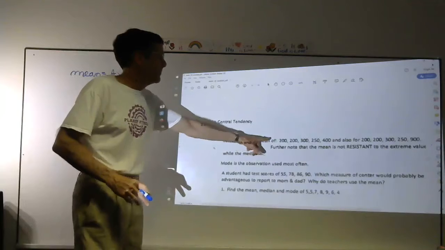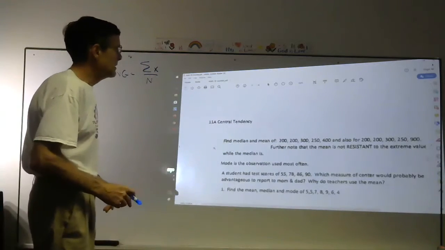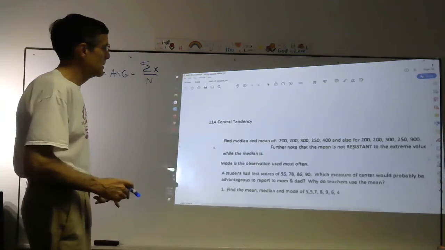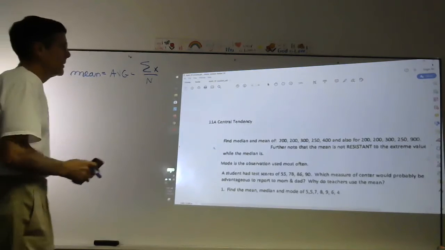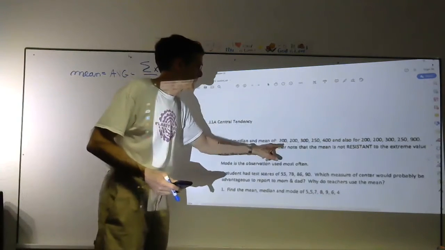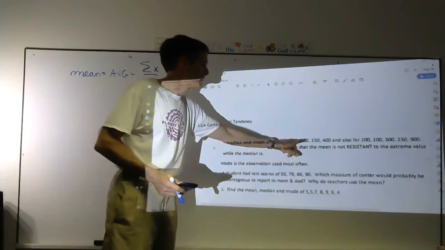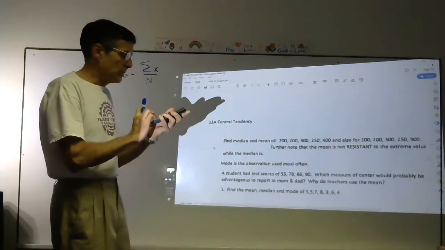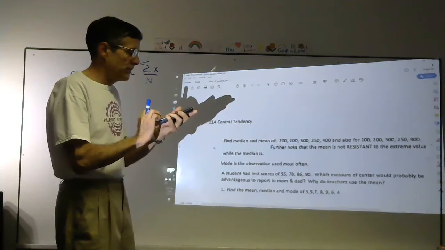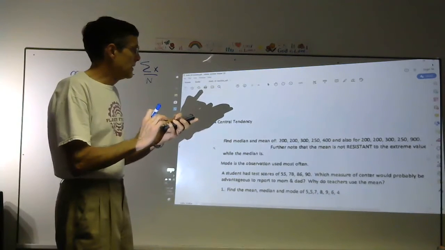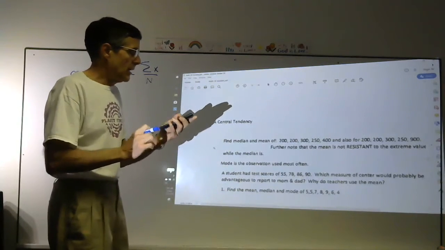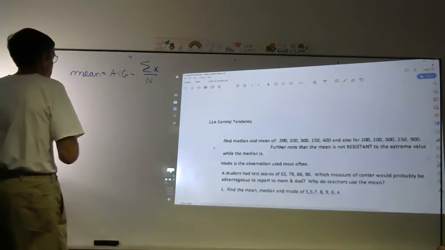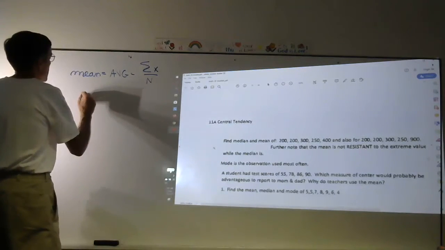Okay, so let's first find the mean for both sets of data. And the mean, I want to add these up. 200 and 200 is 400, 700, 950, 1350. So I'm going to take 1350, and I'm going to divide by 5. And I get 270 for data set number 1.